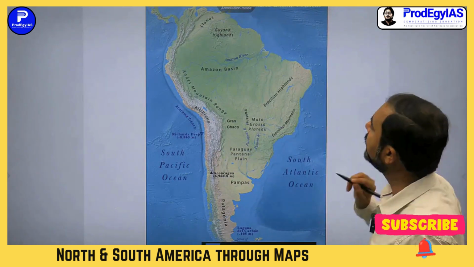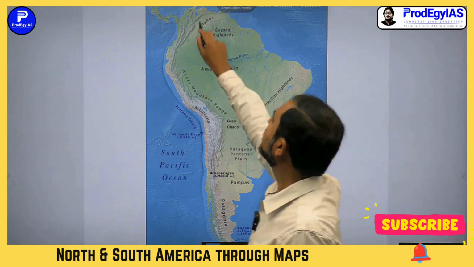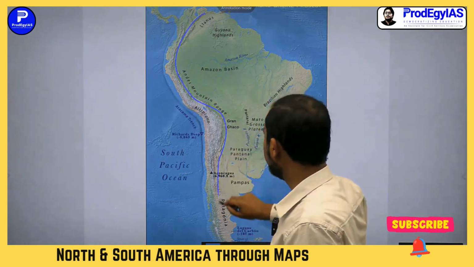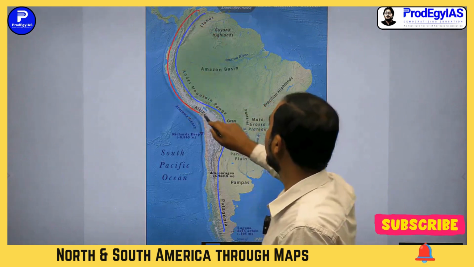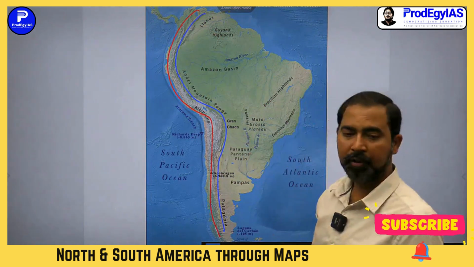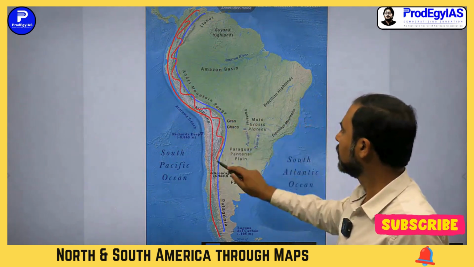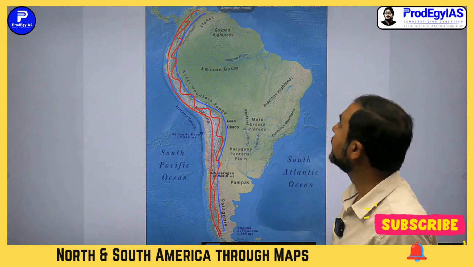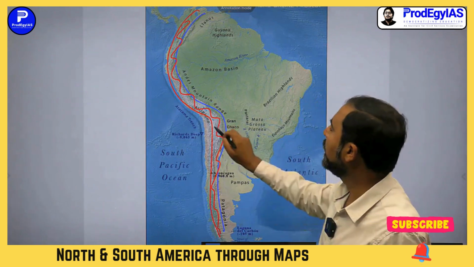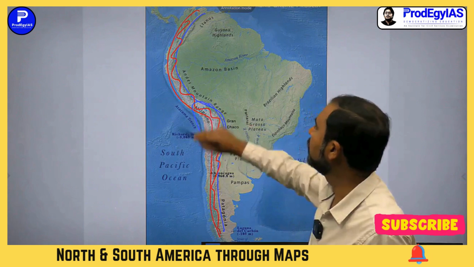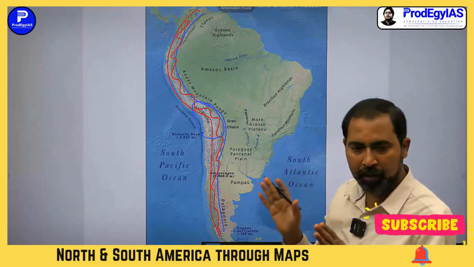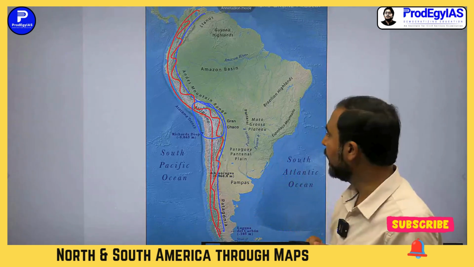We'll locate some of the features like this Andes range, which spreads along the western coast, right? Then the Altiplano is this plateau, mainly in Bolivia and some part in Peru.